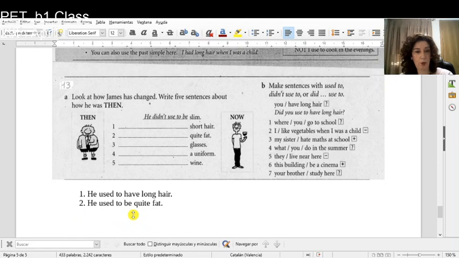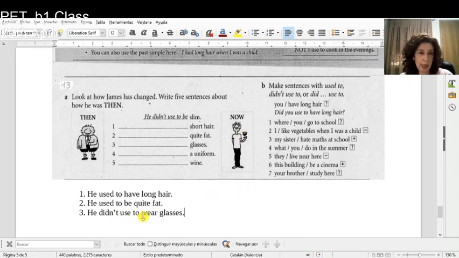Three. What do you think about 3? Glasses. What would you say? Oh, in the past, he didn't use them. Now, he is wearing glasses. Then I have to make a negative. He didn't use to wear glasses, but now he is wearing.